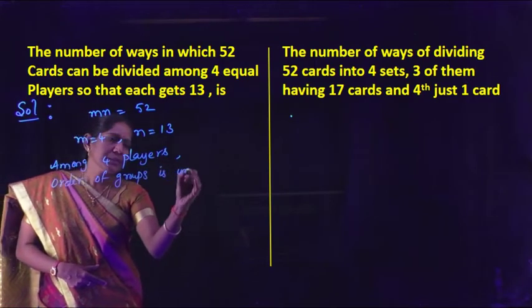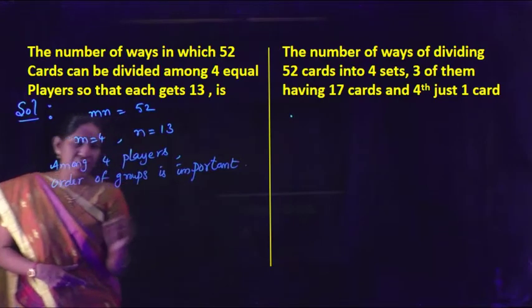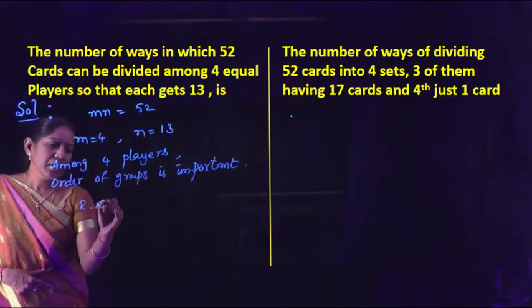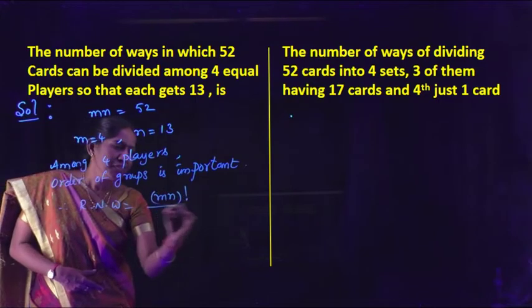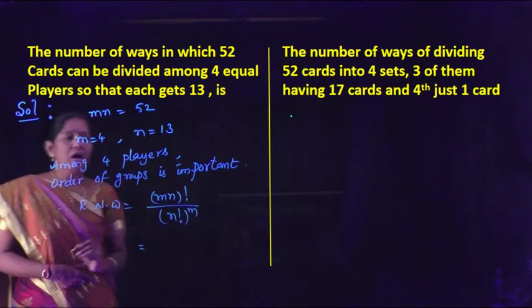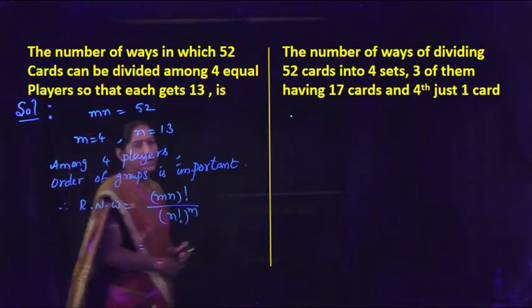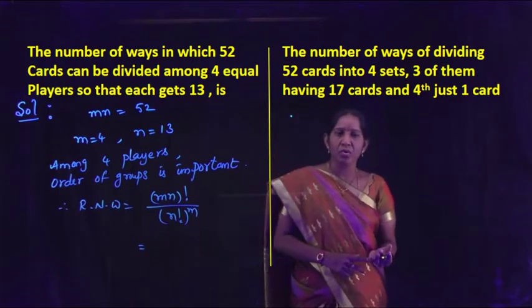Required number of ways is (mn) factorial by (n factorial) whole to the power m. When order of groups is important, then it is (mn) factorial by (n factorial) whole to the power m.